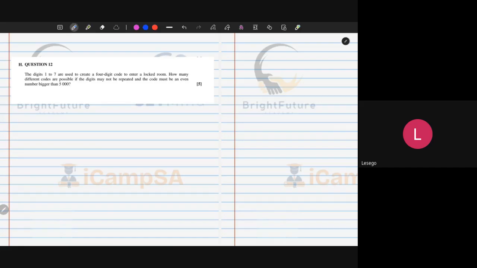So this is very interesting. What I usually do when I encounter such problems is make some notes. The first note is that digits may not be repeated.